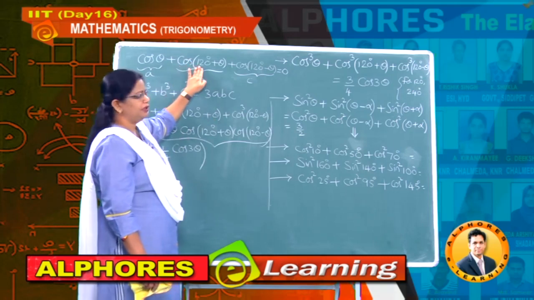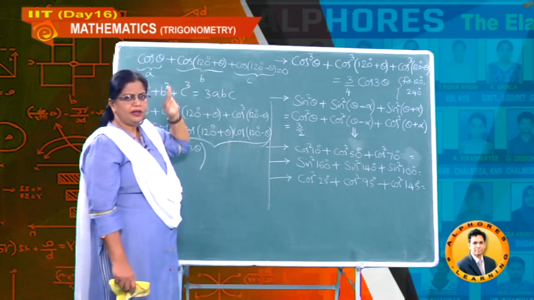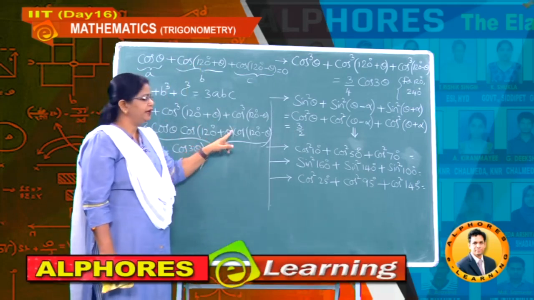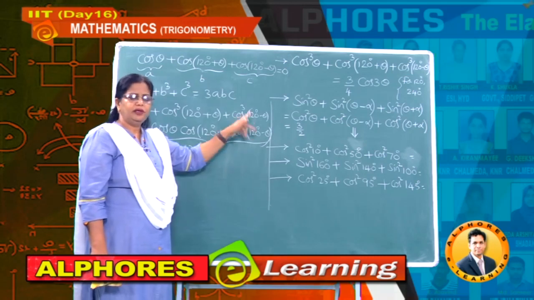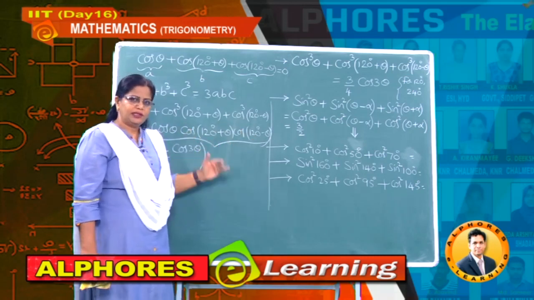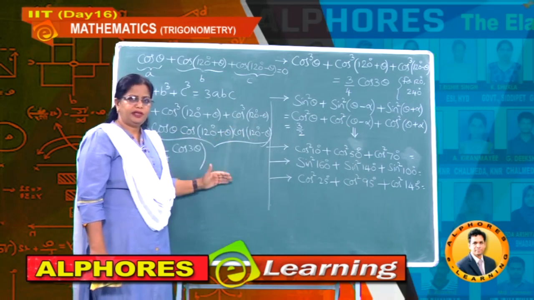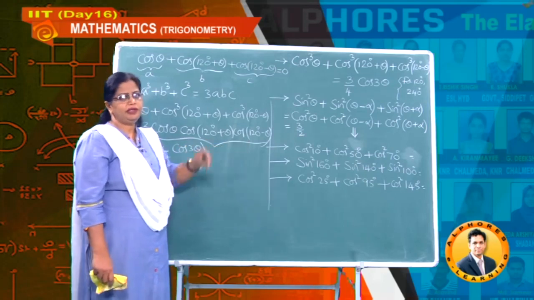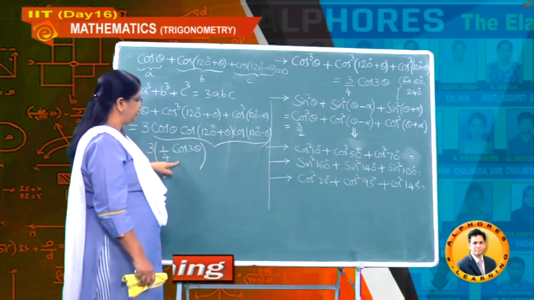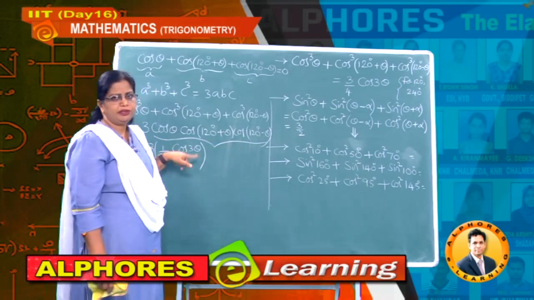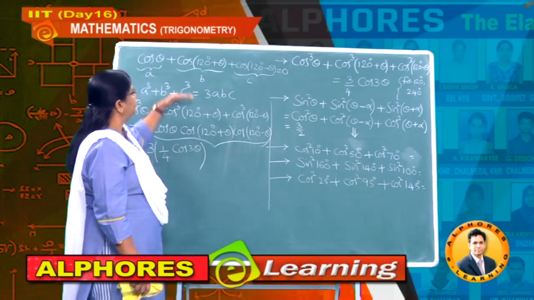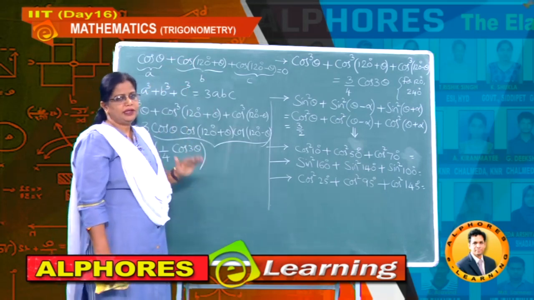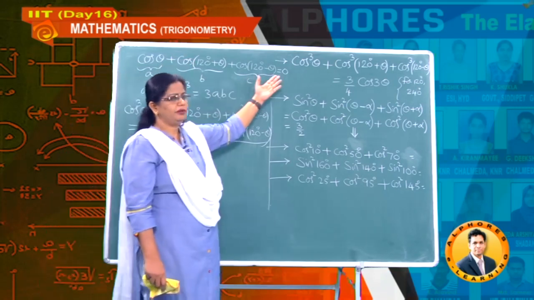The other known result is cos theta into cos (alpha plus theta) into cos (alpha minus theta), where alpha is 60 degrees, 120, 240, also 300. Here we used 120 degrees, and the value is 1 by 4 cos 3 theta. We did this in the previous session. So based on these two known trigonometric values along with the algebra formula, we got this answer. Understand? This is one of the important problems.